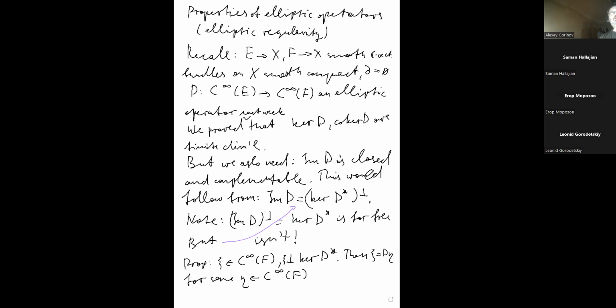Then there is a smooth section eta of E such that psi is D of eta. Again, orthogonal means orthogonal with respect to the L2 metric.